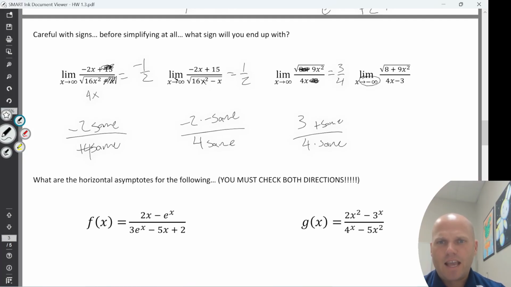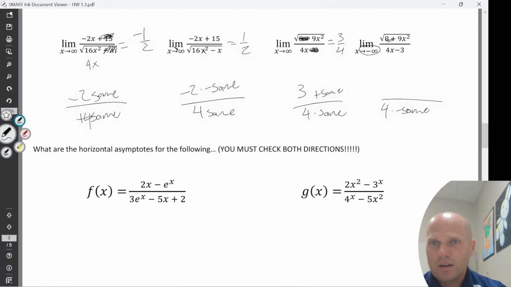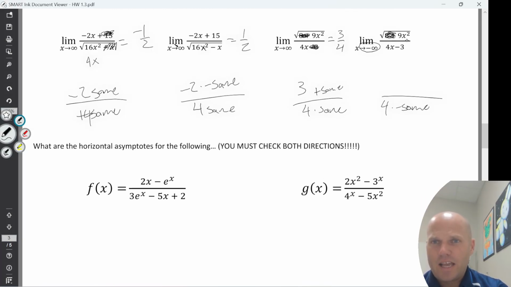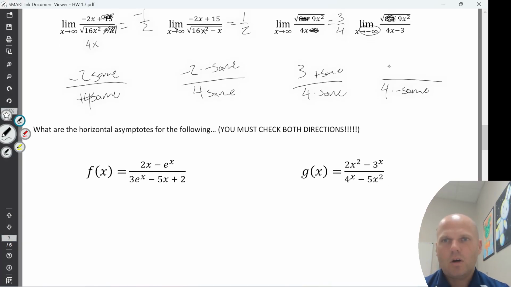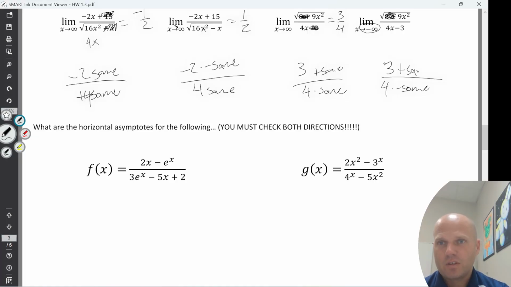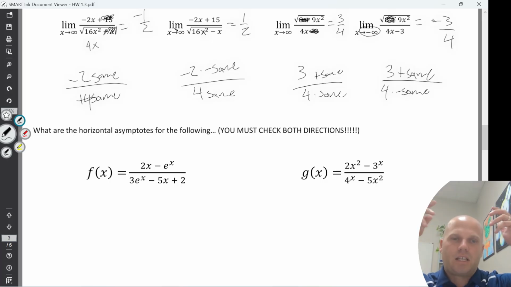But when I plug in negative infinity, I'd have a 4 times a negative same, but in the numerator, I plug in the negative, square it, times 9, square root it. Well, it's going to be a positive same situation. This is how I say this is negative 3/4. So with these square roots of squares, we just have to pay attention to signs.